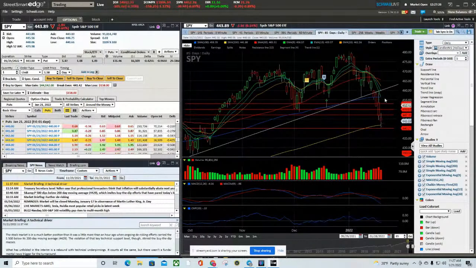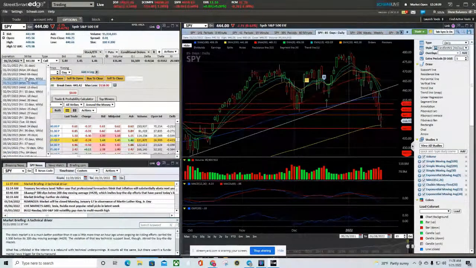Let's just say you wanted to take a swing trade. With the SPY in this case, calls, let's say we thought it's going to make a move, but we want to have plenty of time. So I would say maybe go 2 weeks.